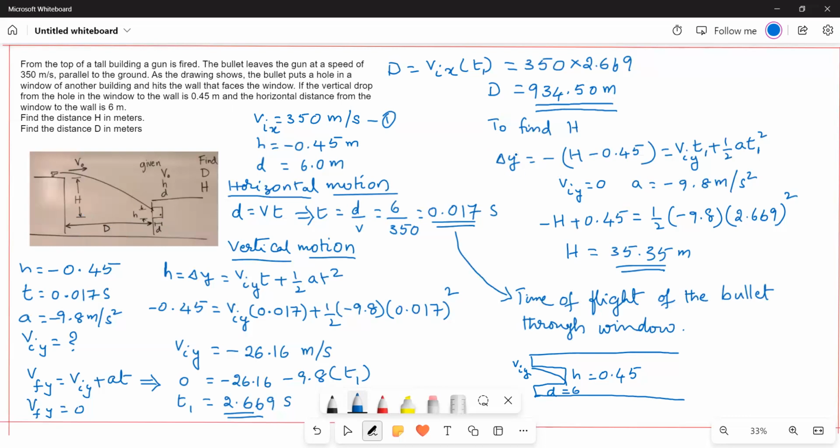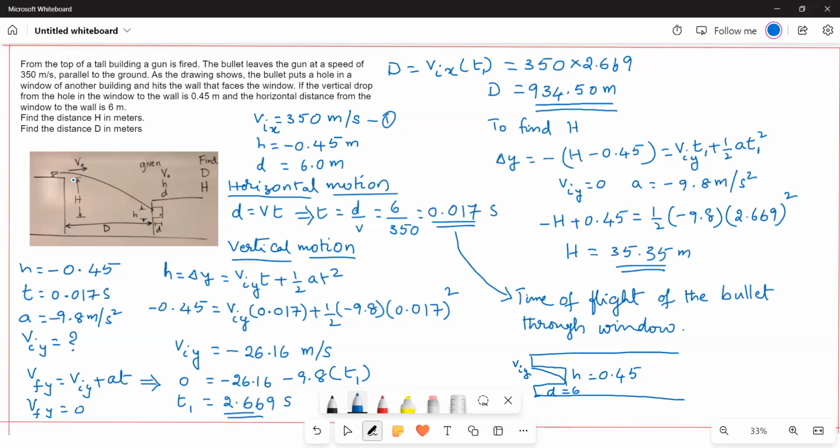Now I have to find out the vertical drop of the bullet. How much distance it traveled vertically, because I found the horizontal one, the vertical one I have to find out. For that again I use the equation delta y is equal to Viy t plus half a t squared. But here I have to deduct the window length.